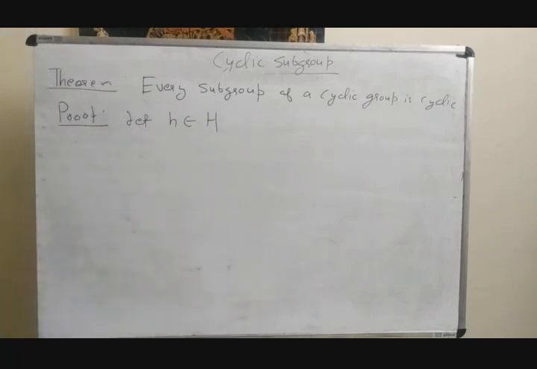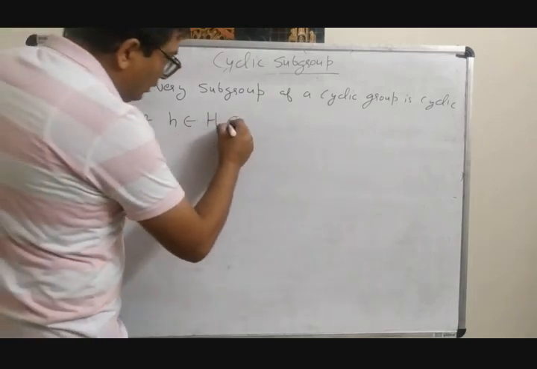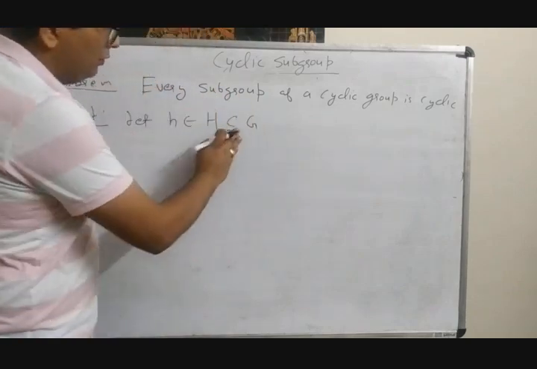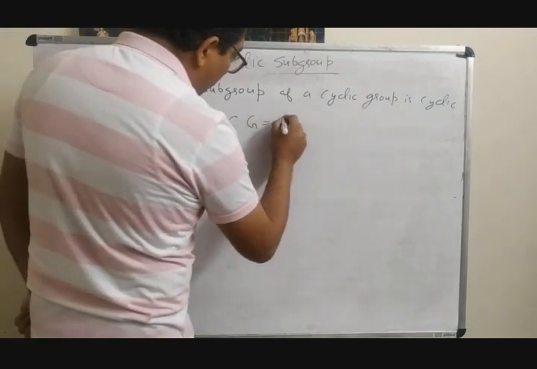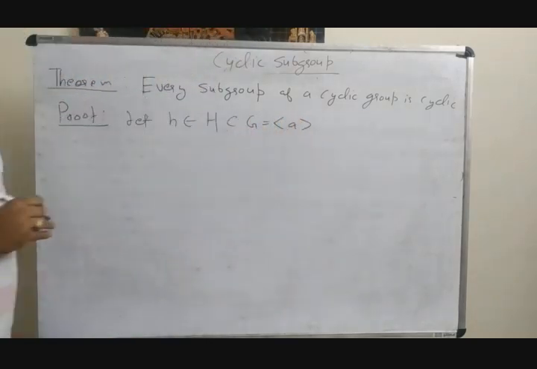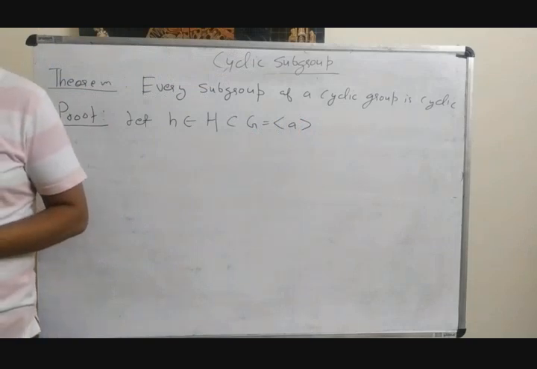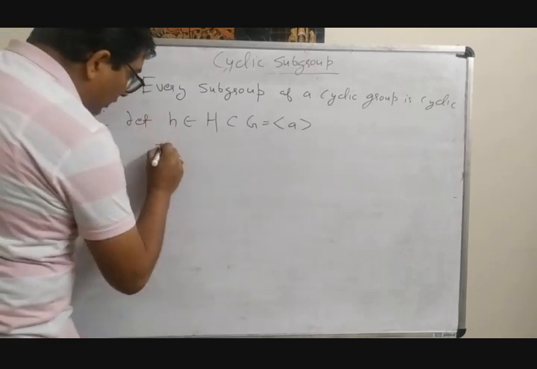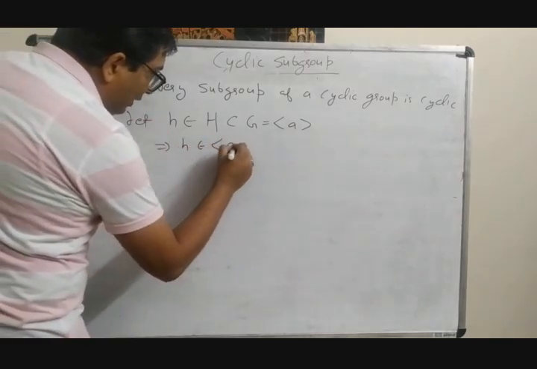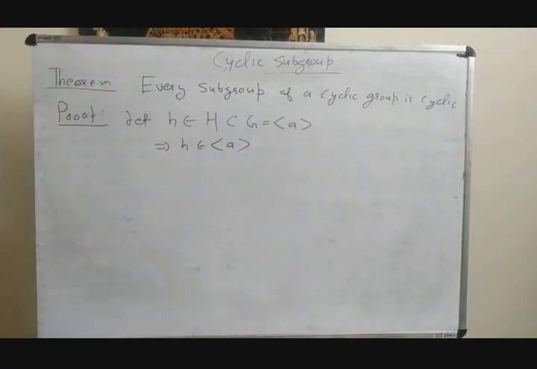Now, okay. h belongs to H and it is a subset of G, even a proper subset of G, and G is generated by a. So what does it mean? It means h belongs to the generator of a.